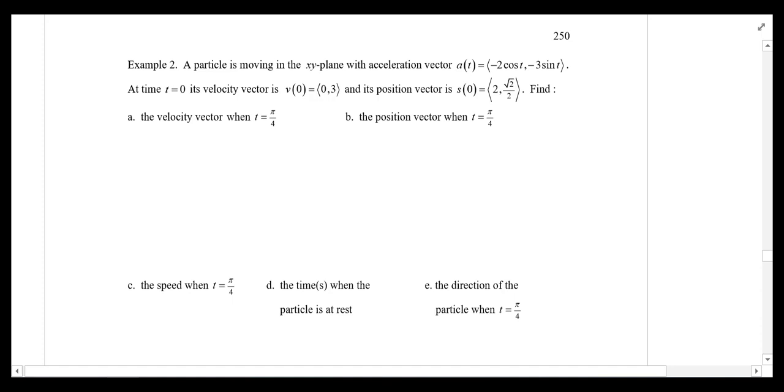Thinking integrals. Yeah, integrals. And then answer the questions about speed, about when it goes to rest, and also the direction at a particular value t. Okay? I'm going to ask you to try this yourself first, and then when you're done, come back and check your answers with what I have. But in the meantime, please press pause and try this yourself.